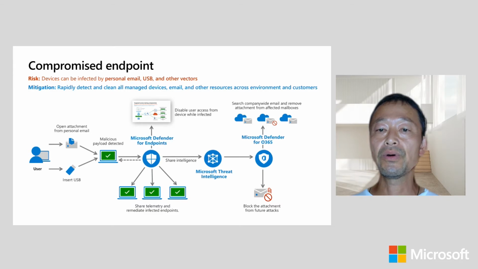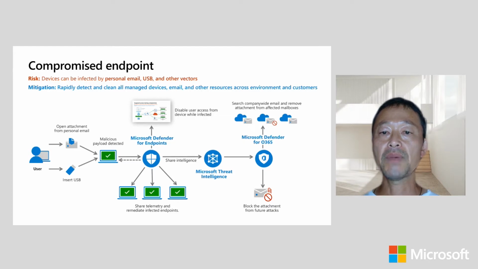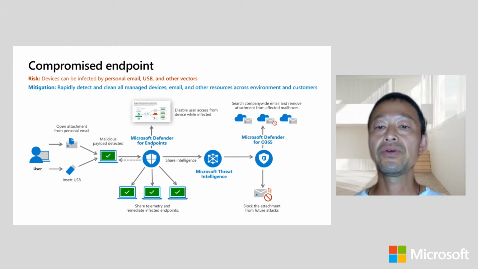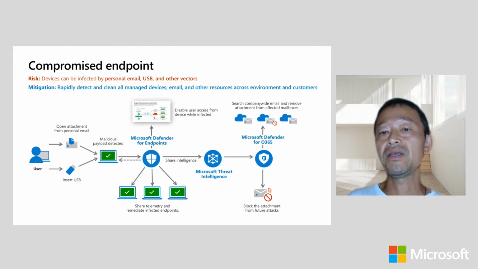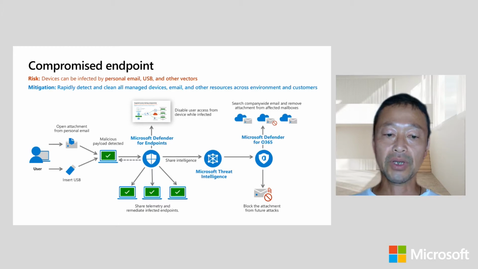So even before the other employees open the email, those attachments are automatically purged or zapped. They don't even notice the email arrived in their mailbox, because it's already zapped. So you are very, very safe and protected.